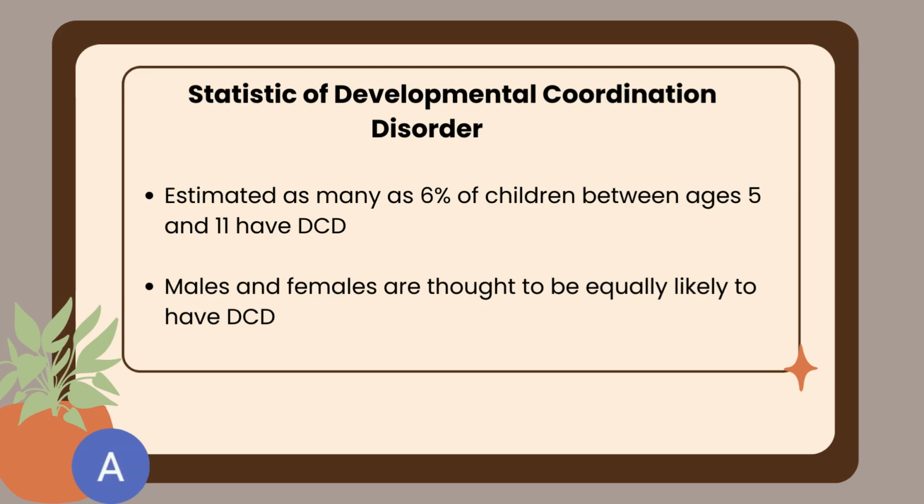Males and females are thought to be equally likely to have DCD. DCD and speech language disorder seem to be closely linked, and children with one disorder are more likely to have the other.